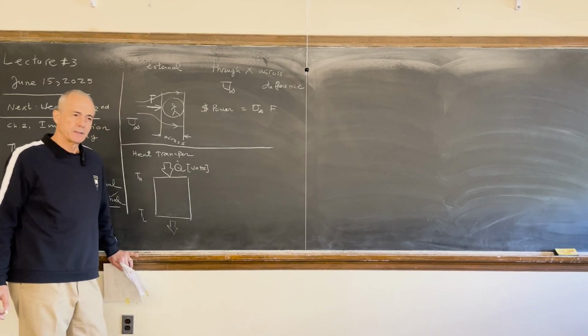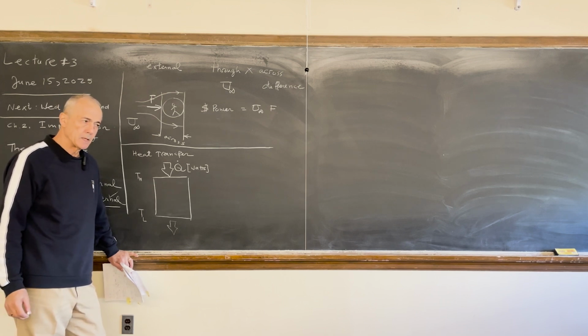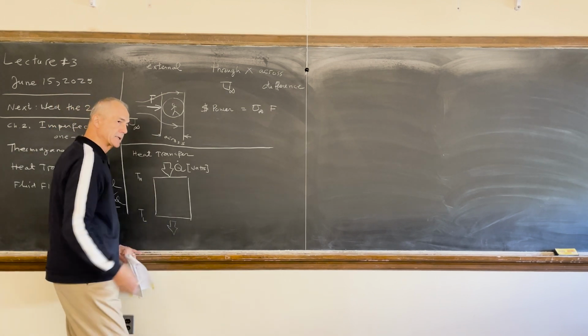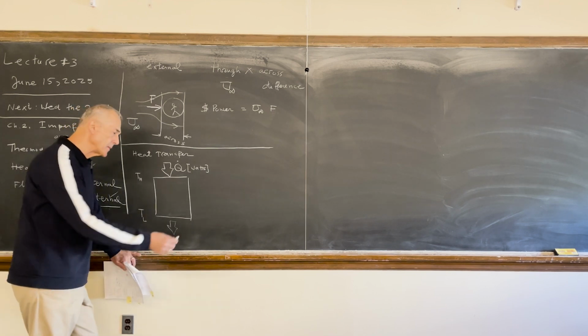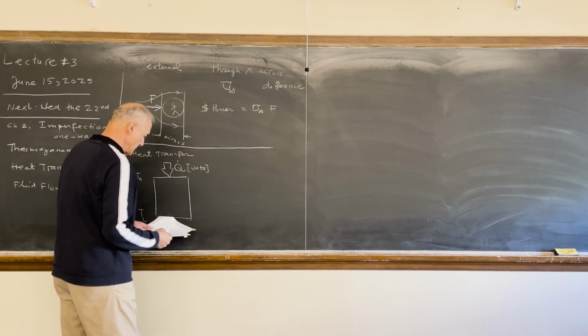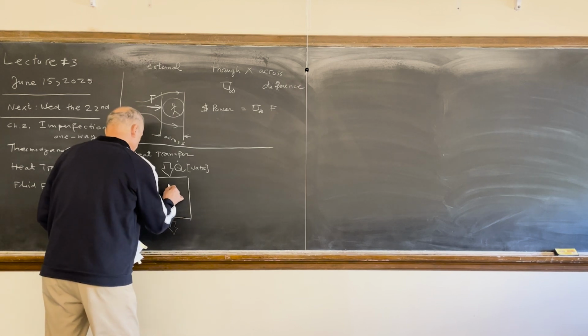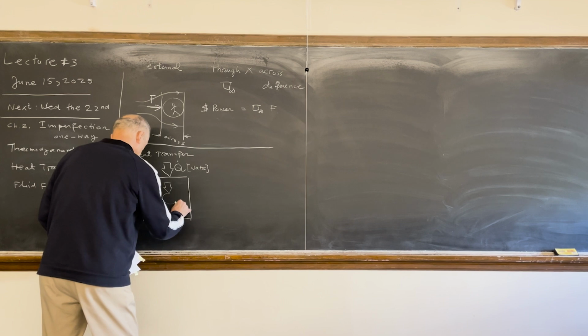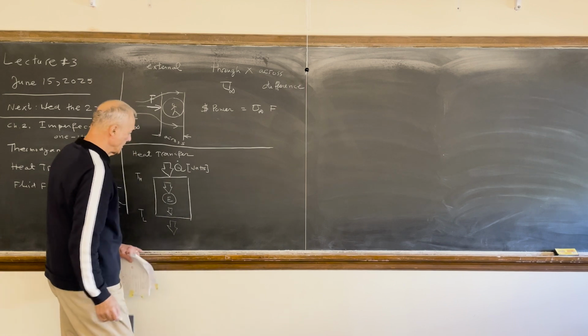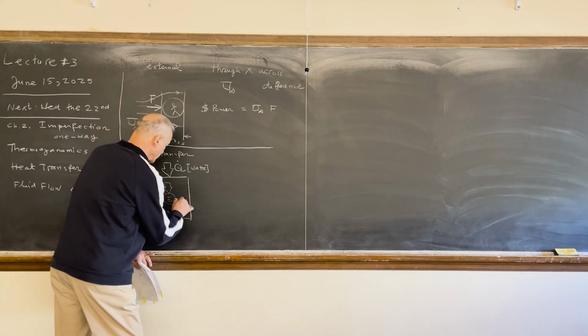But this time I draw the heat engine inside this rectangle. I draw it this way. Here's the heat engine, E, with its power output.